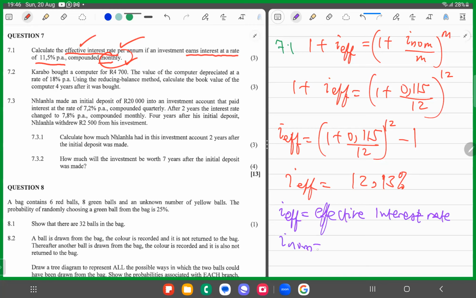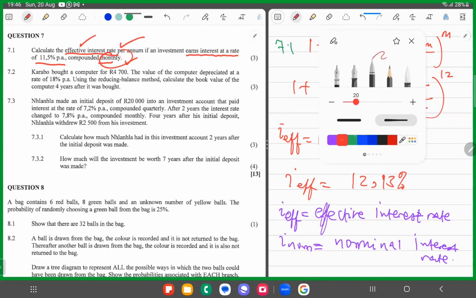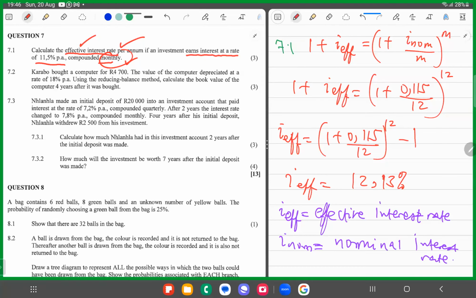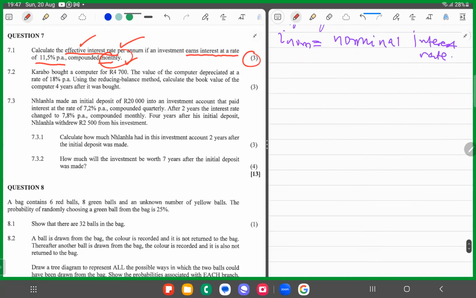I nominal is the nominal interest rate. So that is 7.1. We've answered that one for just three marks there.